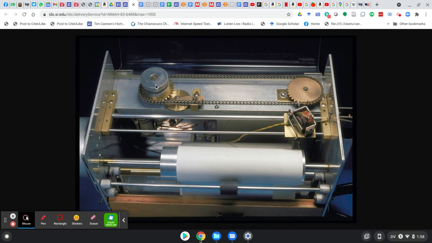So every time the animal responds, typically, this top wheel moves one step. So in this machine, we now have two motors. We have a stepper motor, which is the motor that steps this wheel. And usually every response gets you one step. And then this paper is driven by a clock motor.